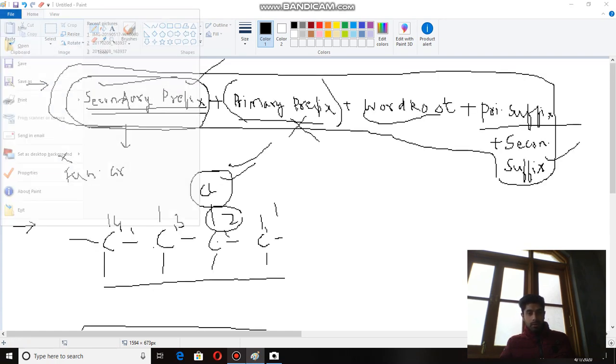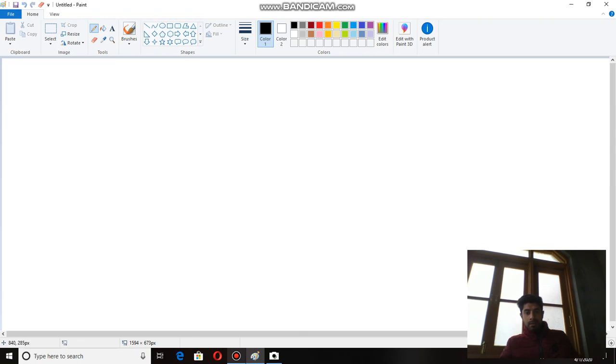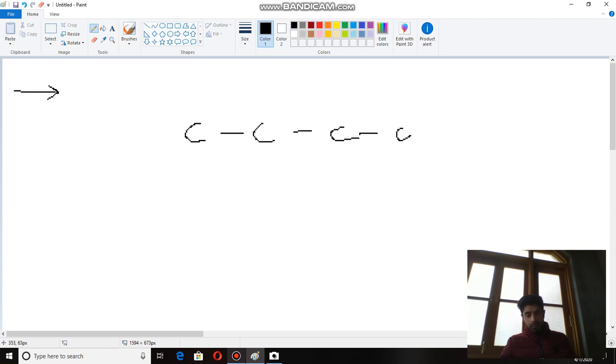Let's move to some new examples. I hope you are getting this. We can have a compound like this in which more than one secondary prefix can be there. For example, here it's bromine and here it is chlorine, and these are all hydrogens.